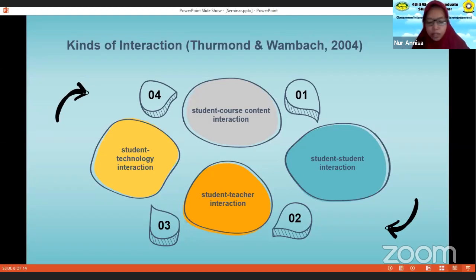These interactions help students to clarify and understand the course content, and also allow students and teachers to know each other.